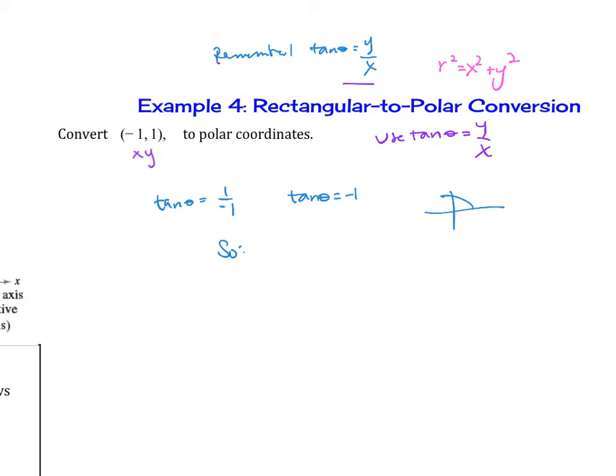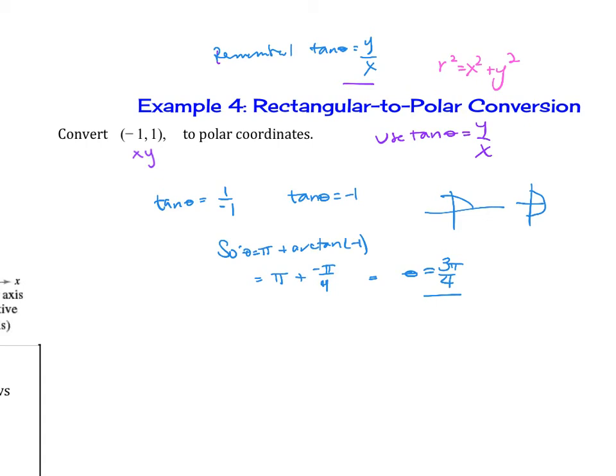Remember the restriction for arc tangent, it's only in these two quadrants. So theta will be pi plus arc tangent of -1, so pi plus negative pi over 4, and therefore theta is 3 pi over 4.